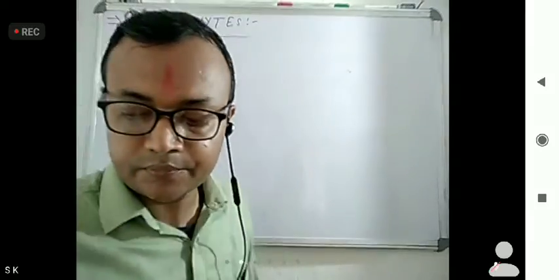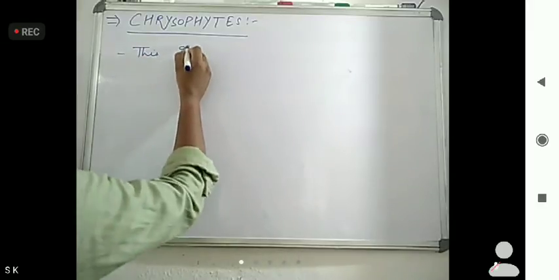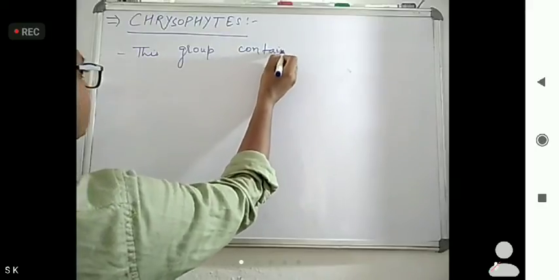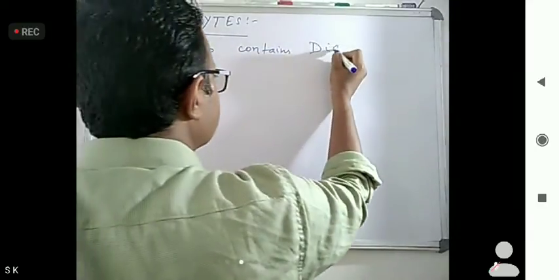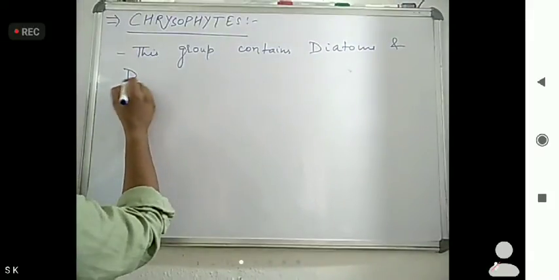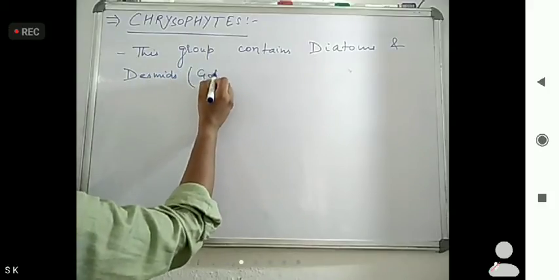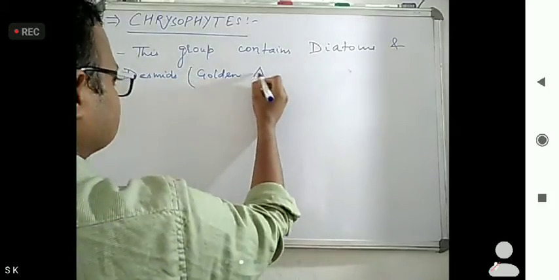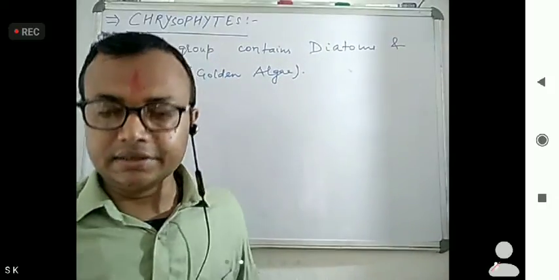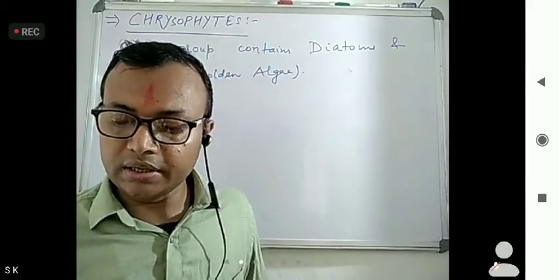What I told? This group contains diatoms and desmids, and desmids are commonly known as golden algae. Okay, so diatoms and desmids are there.